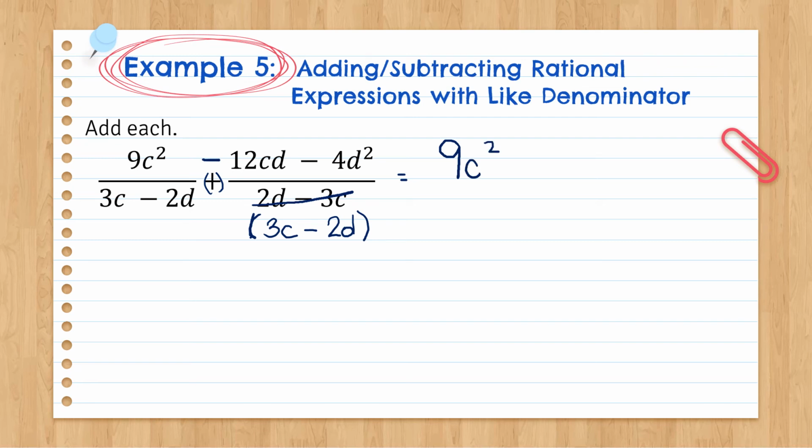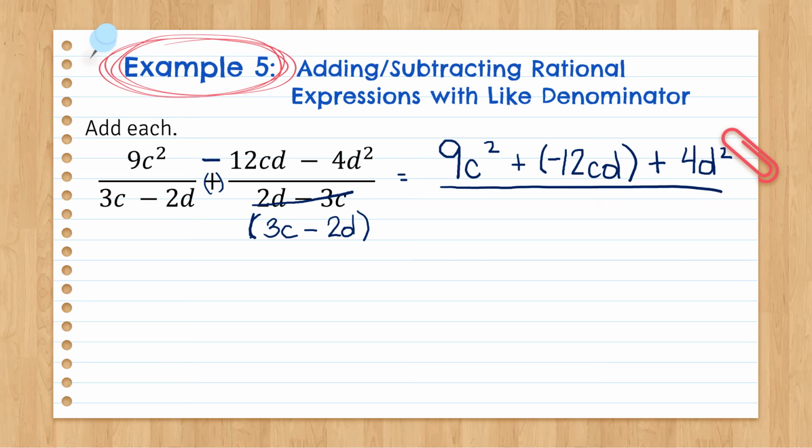Sabi nga kanina, keep change. So, ito ay naging positive. Kasi nga, nag-change yung sign ulit niya. Tapos si 12, mag-change din. Kaya siya ay magiging negative 12ct. At si 4 naman, mapapalitan din siya ng sign. Kaya magiging positive 4t squared. Yan. Over, ating denominator ay 3c minus 2d na.